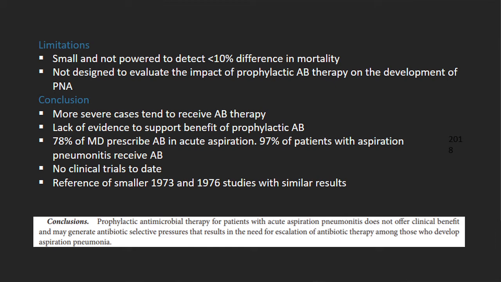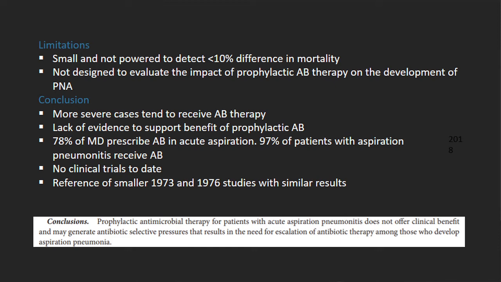And it was not designed to evaluate the impact of antibiotics on the development of pneumonia, so we don't have that data. But they concluded that prophylactic antibiotic therapy for patients with acute aspiration did not offer a significant benefit, and it would just mean that patients would get more antibiotic days, and they tended to have more escalation of antibiotics.